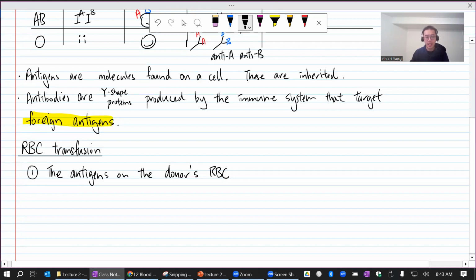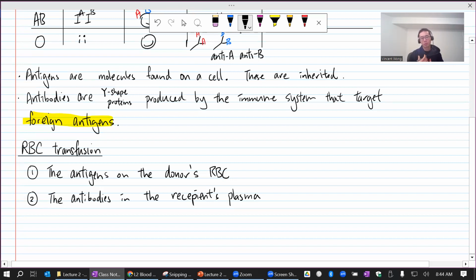So you have to figure out what kind of antigens they have. Number two, we have to determine the antibodies in the recipient's plasma. The recipient is the person receiving the blood. You want to know what kind of antibodies they have.